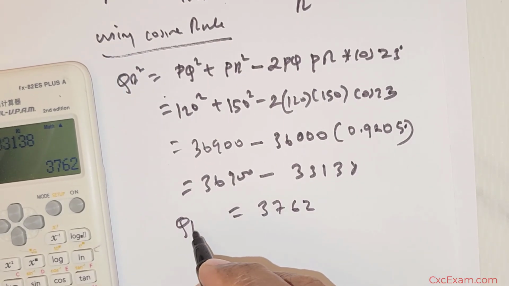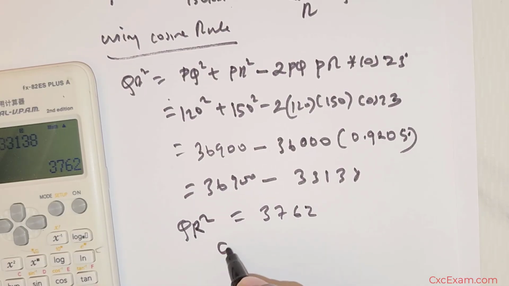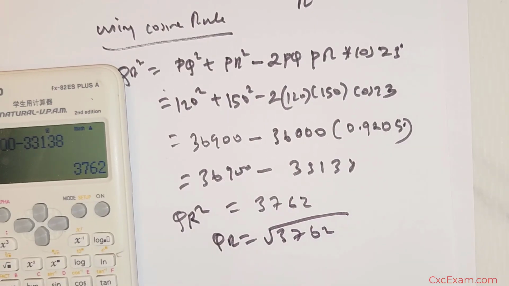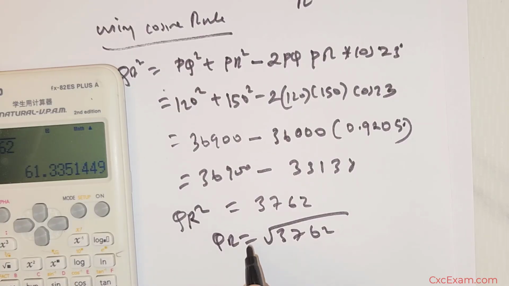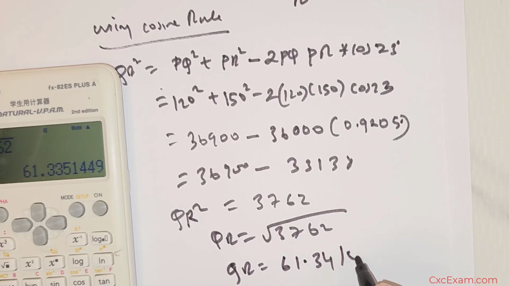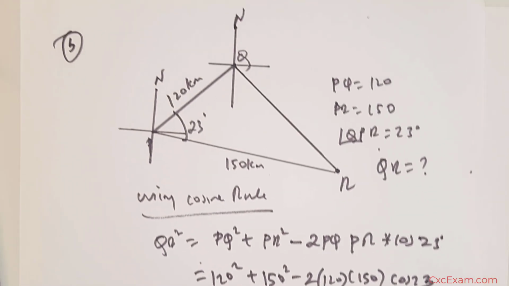This is QR squared. So QR is equal to root of 3762. So square root of 3762 is 61.34. Everything is in km, so that will be the solution.